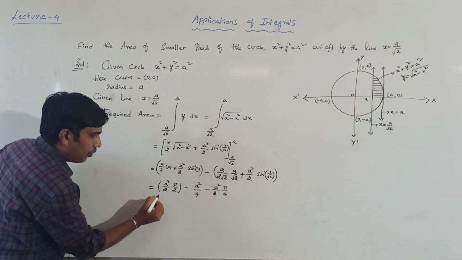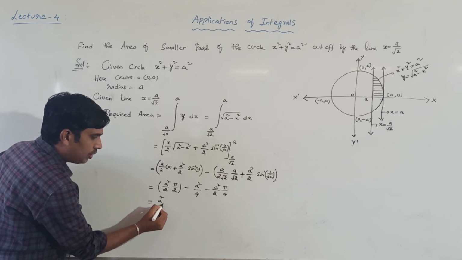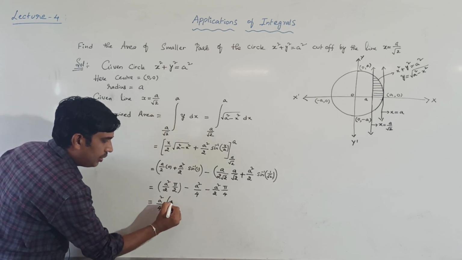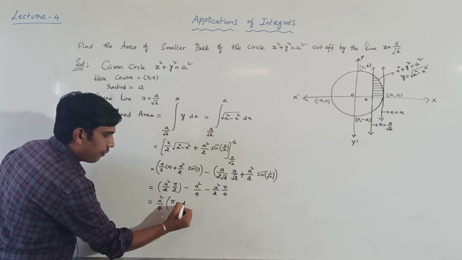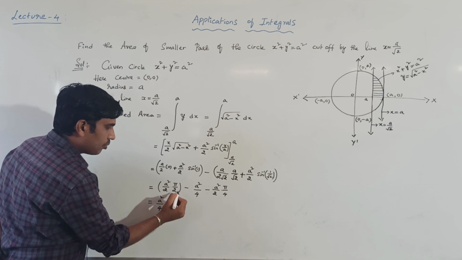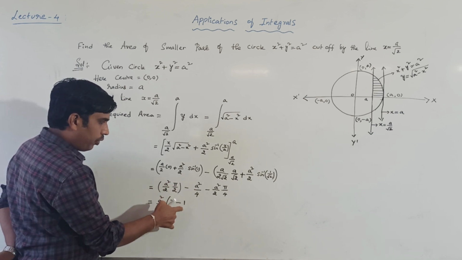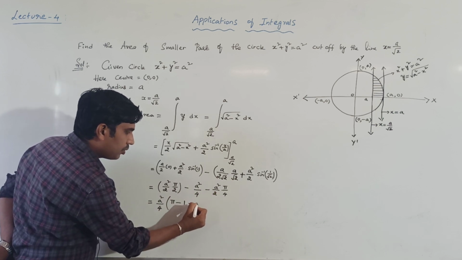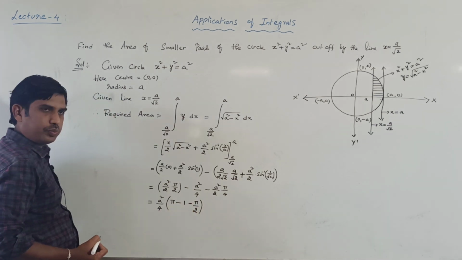So what is common in this? a square by 4 is common. What remains? Pi, minus 1, minus pi by 2. So simplify with a square by 4 common: pi remains, 1 remains, minus pi by 2.